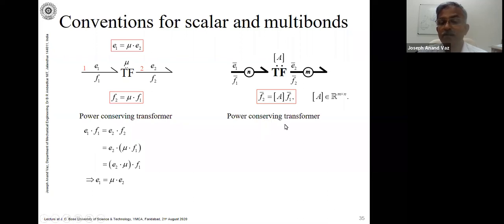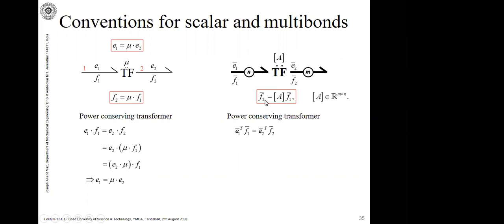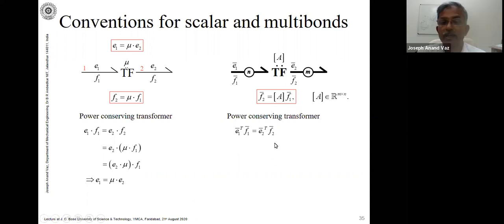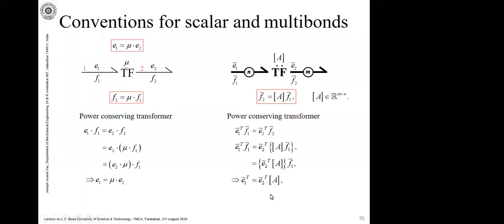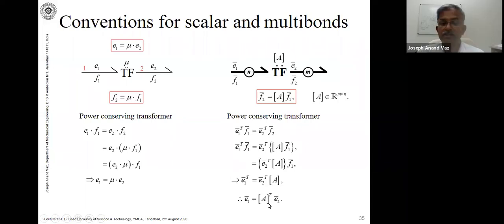Now, because it's a power conserving transformer, the power balance has to be there. So if you substitute F2 is equal to A F1, and rearrange it, you will automatically get E1 is equal to A transpose E2. So while you started with F2 is equal to A F1, automatically you got E1 is equal to A transpose E2.